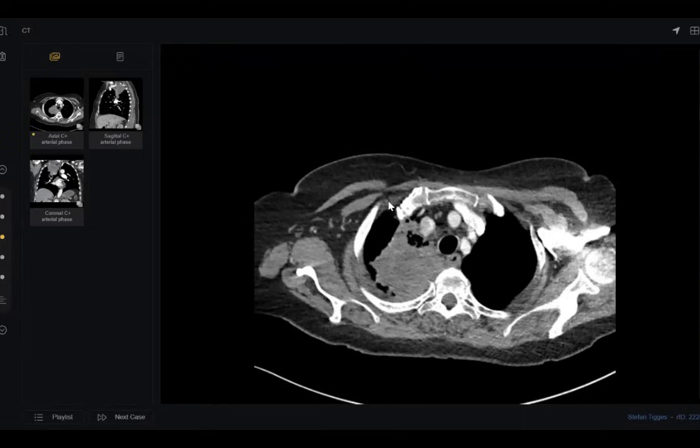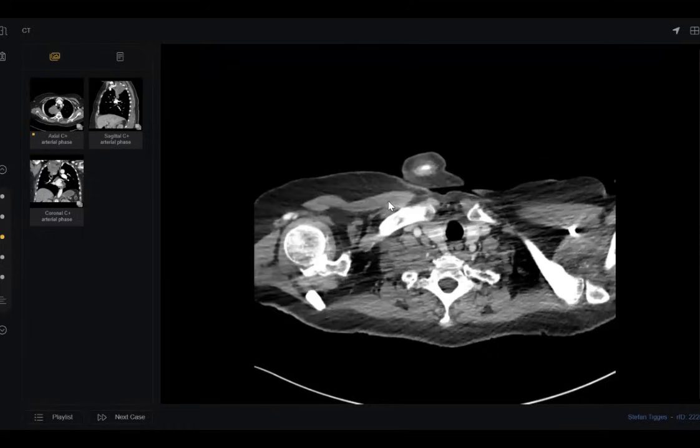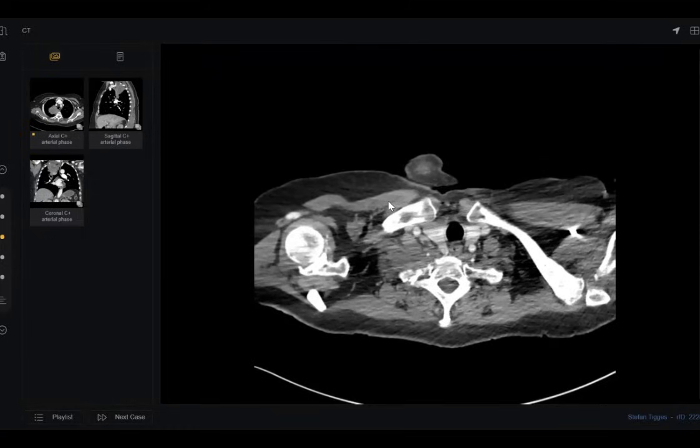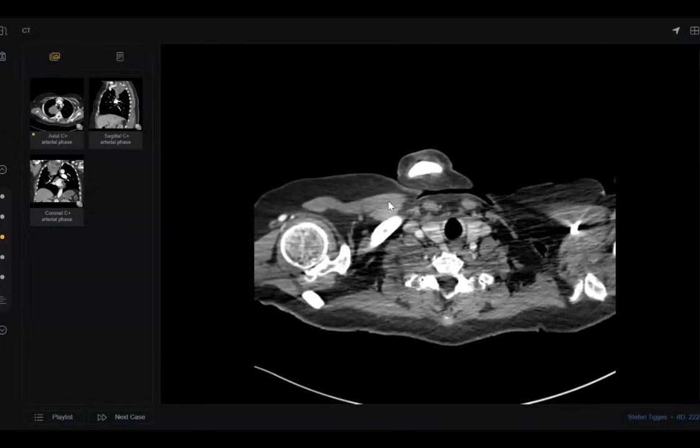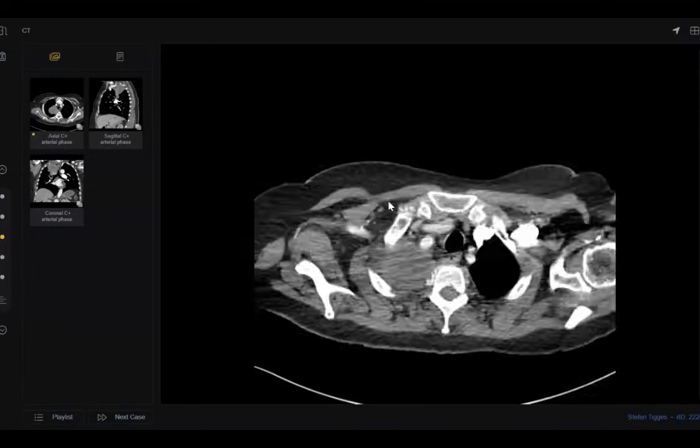This mass is causing erosion and destruction of the right first rib, and it shows an interface with the surrounding vessels. So I'm concerned this is an aggressive lesion, likely a Pancoast tumor. I would refer this patient to the lung MDT for further management, including biopsy.